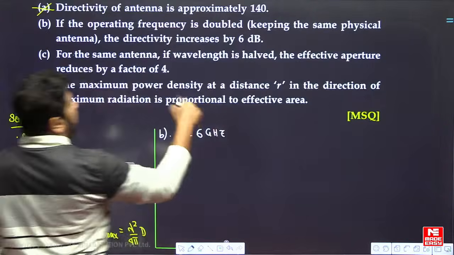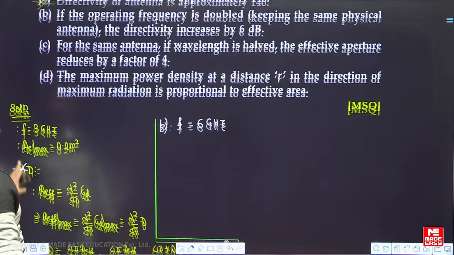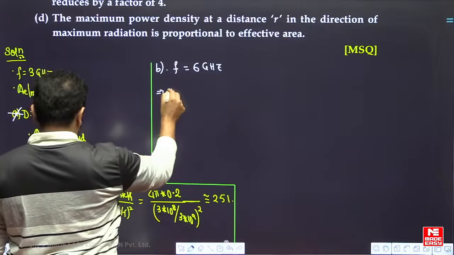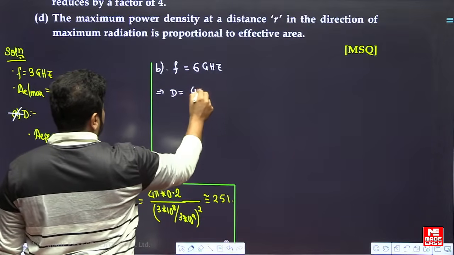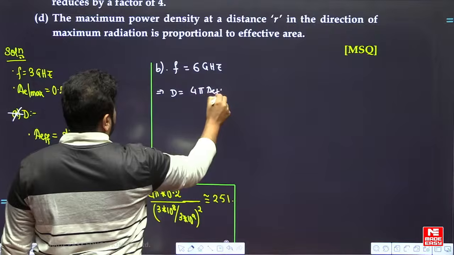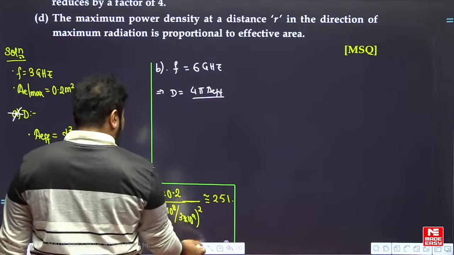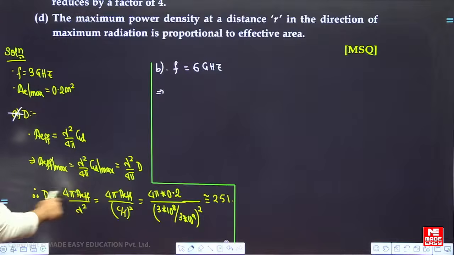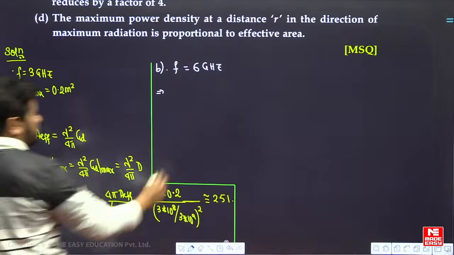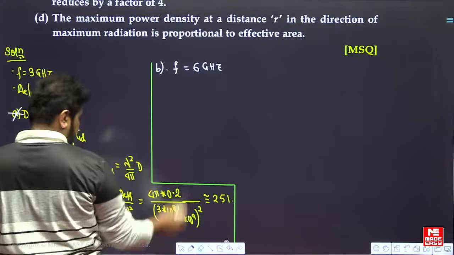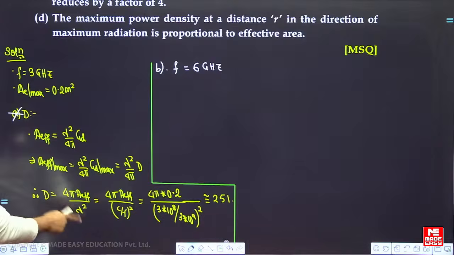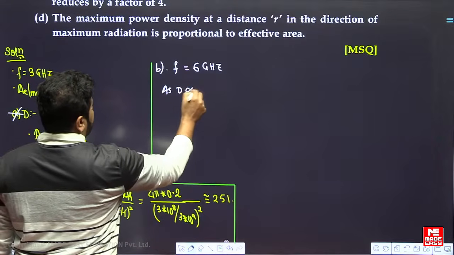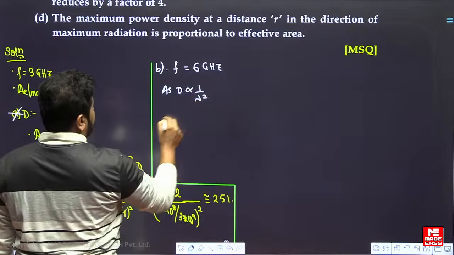Keeping the same physical antenna, the directivity increases. Okay, so directivity formula, right. What is the directivity here? Directly we can see that the area is same, so D is inversely proportional to lambda square, right.